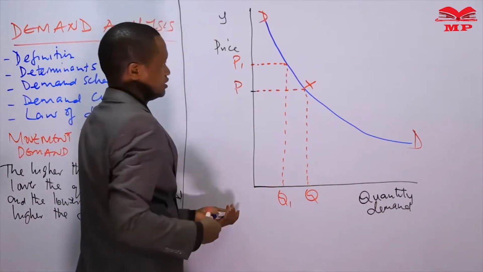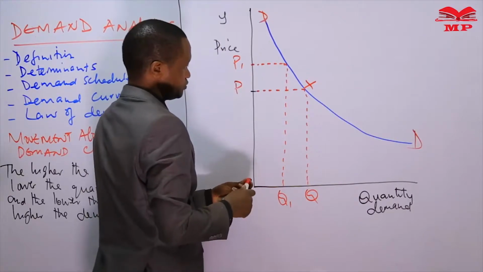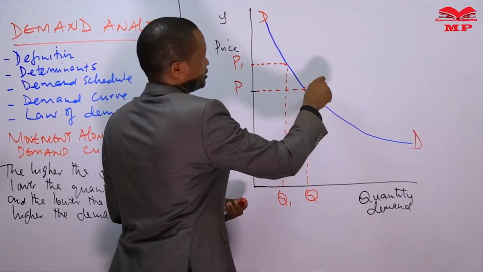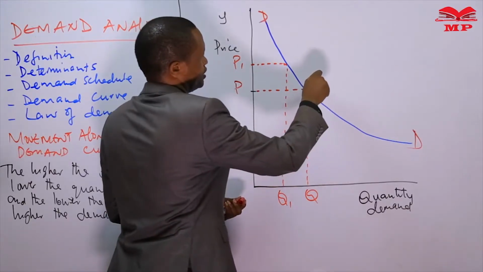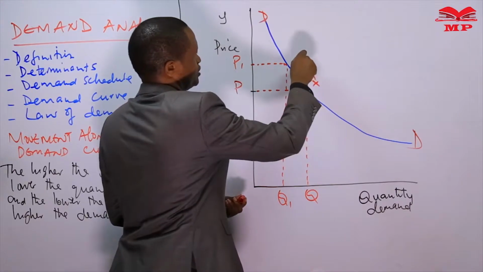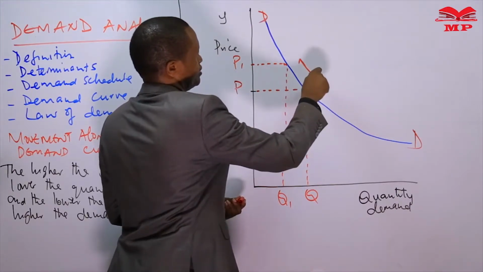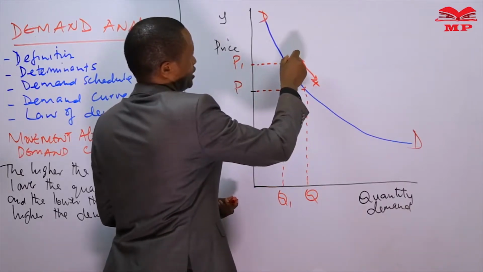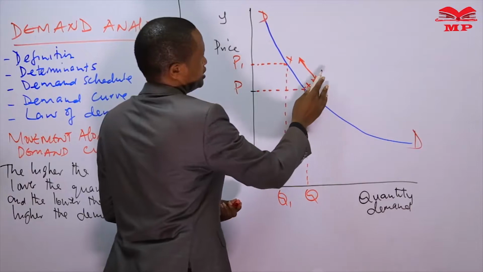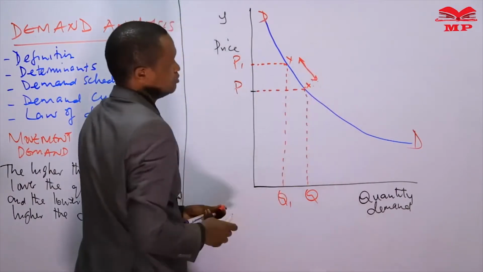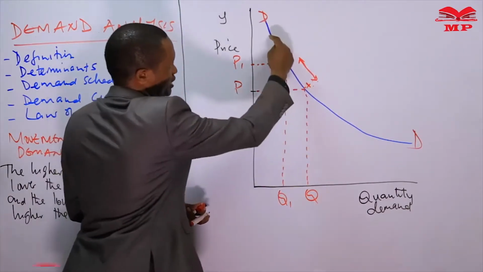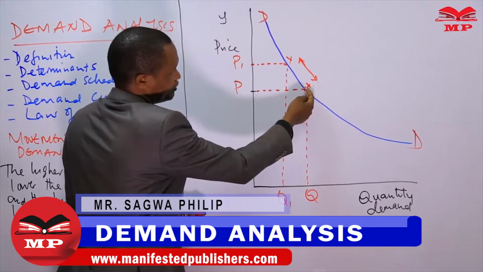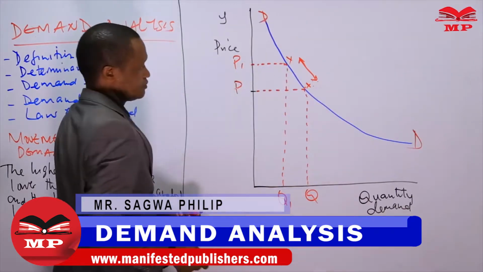There is this movement from X to Y. This is X and this is Y. There is movement along the demand curve. Because of the increase in price, there is movement from X to Y.